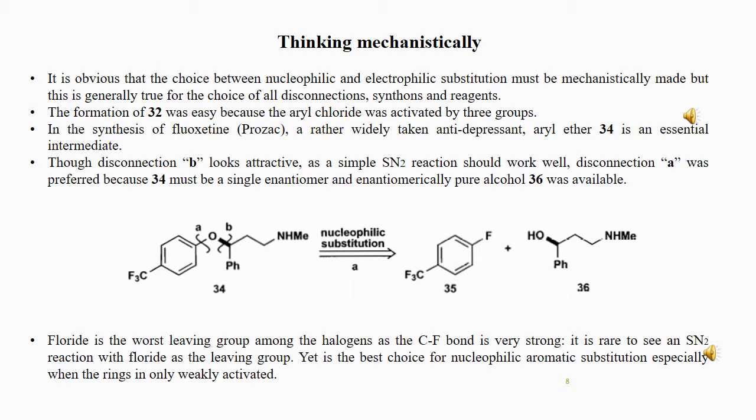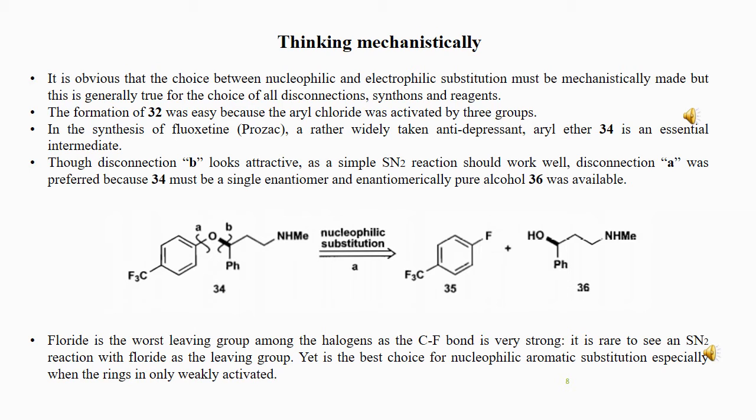Now if we see the example, the reaction below. In this reaction, synthesis of fluoxetine, Prozac, a rather widely taken antidepressant, aryl ether 34 is what I am talking about. This aryl ether is an essential intermediate for the synthesis of fluoxetine, Prozac.